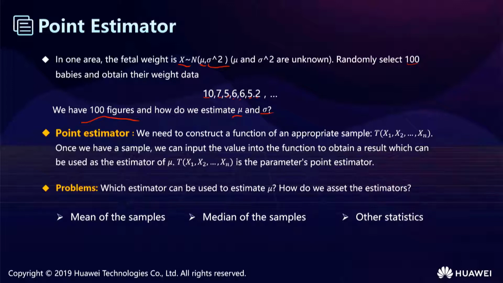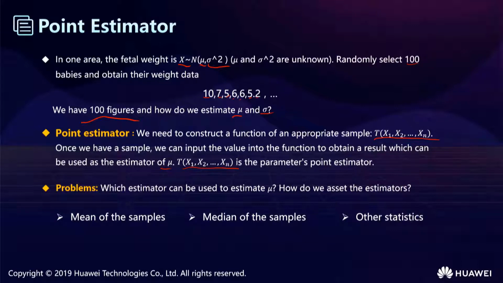So for a point estimator, we need to construct a function of the samples, x1, x2, ..., xn. Once we have the sample, we can input the values into the function and obtain a value that can be used as the estimator of mu. This function of the samples is the point estimator of the parameter.